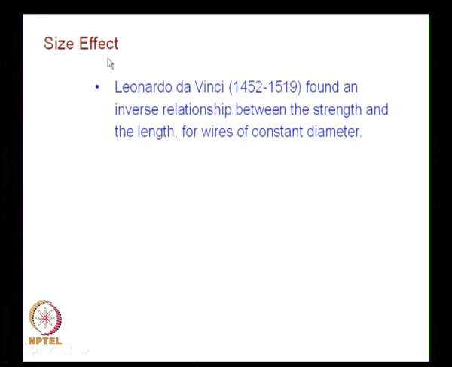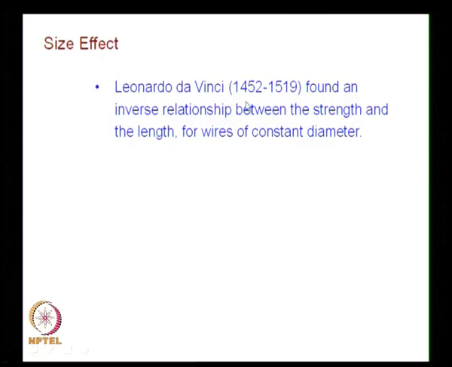They had no clue why the theoretical strength is far higher than what is observed in experiment, but in experiment they saw something very interesting that can be traced way back to Leonardo da Vinci. He found an inverse relationship between the strength and the length for wires of constant diameter.